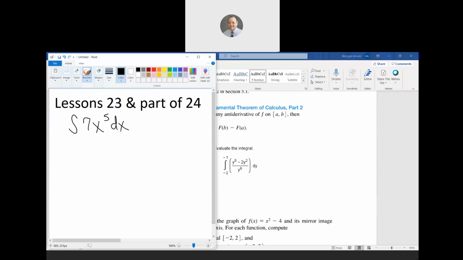Now, even though this is written differently, we're still taking the antiderivative by reversing the power rule. By the way, if you have any constants in an integral problem, move those constants to the front.